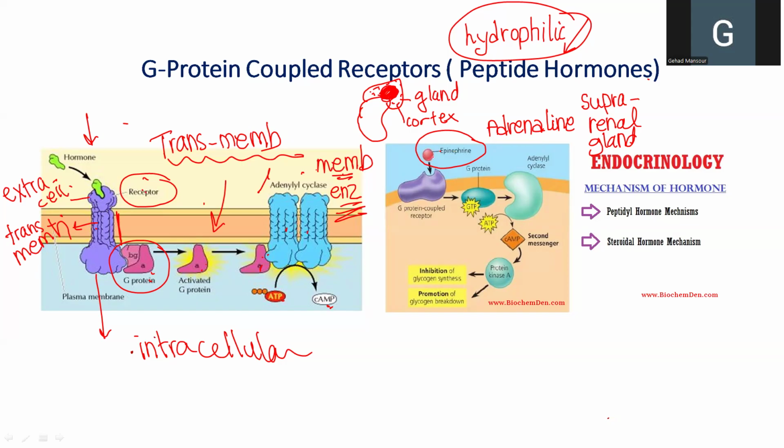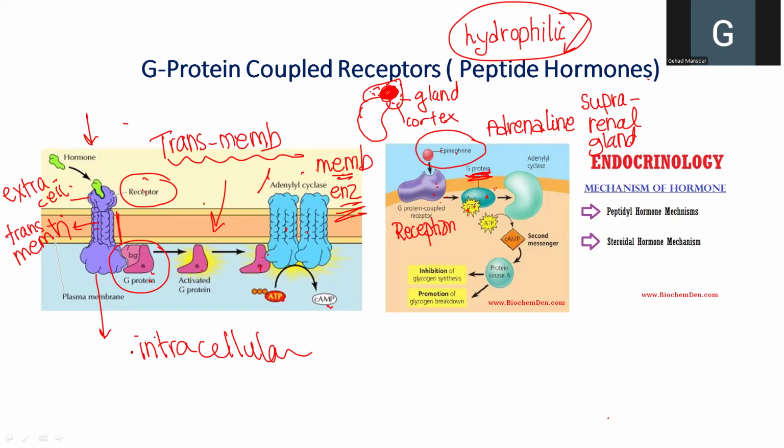Epinephrine is a hydrophilic peptide hormone. It binds with the G protein coupled receptor. We call this the stage of reception, and then comes the stage of transduction. So the G protein is activated, and as you can see here, it separates from the receptor and binds with GTP.